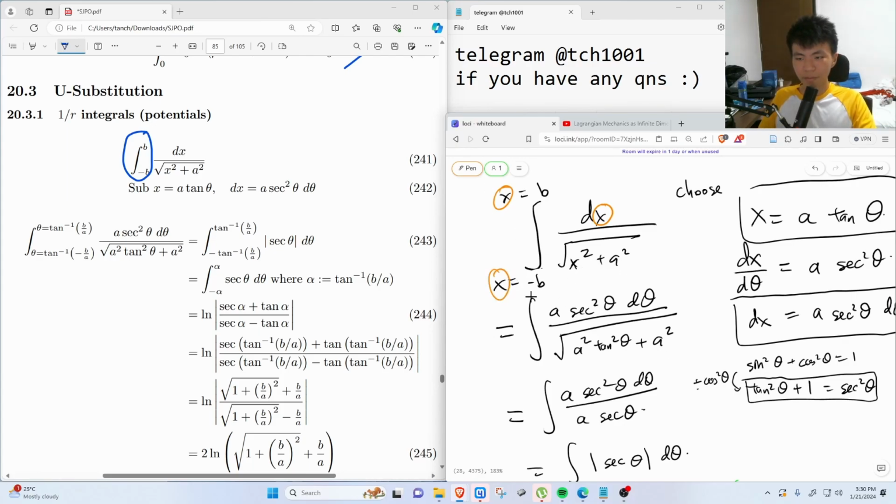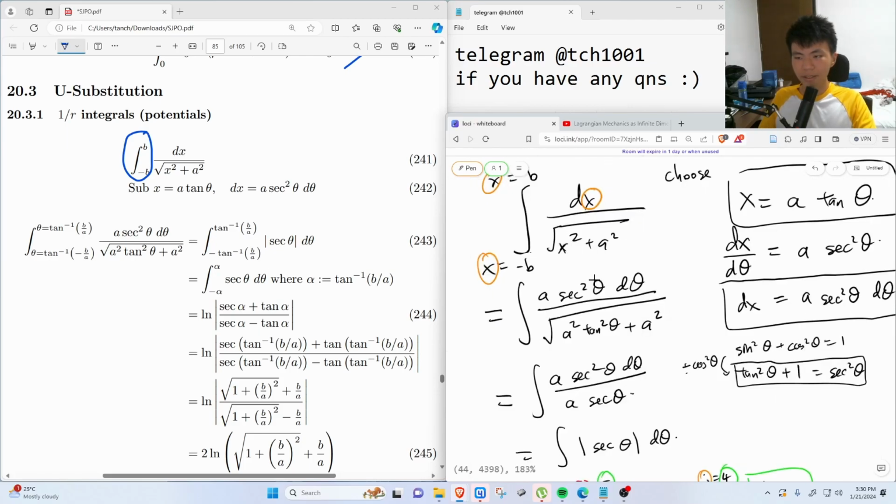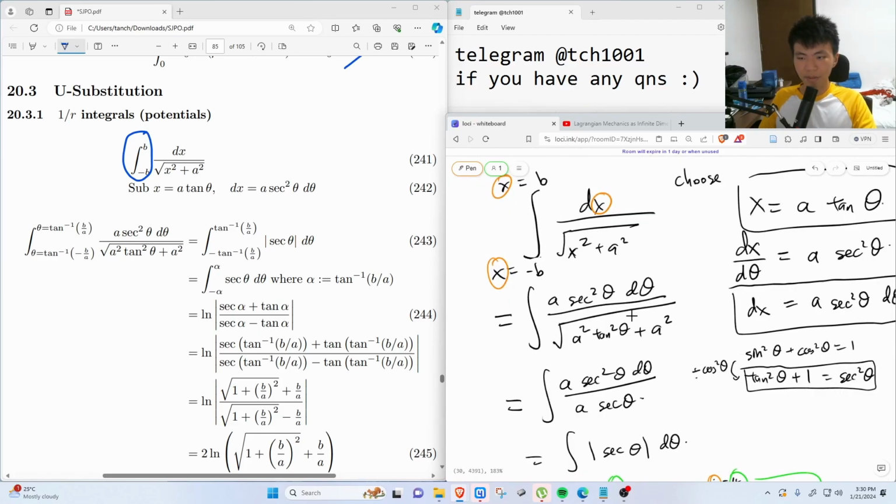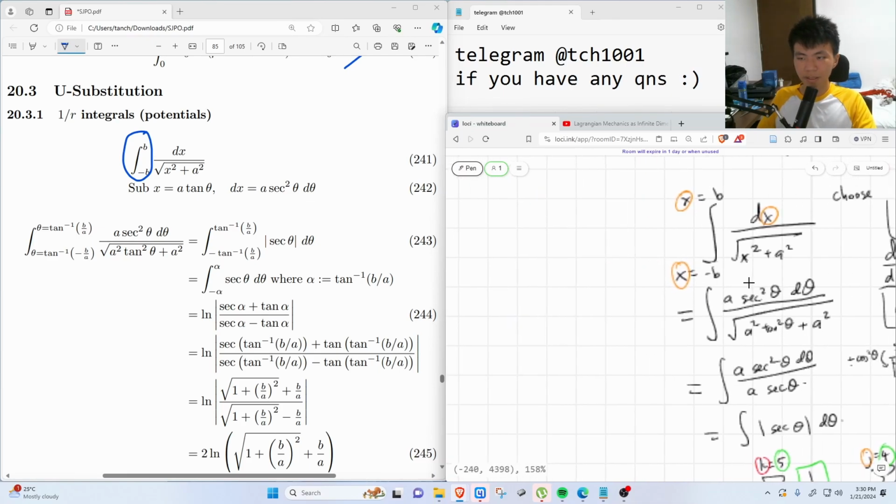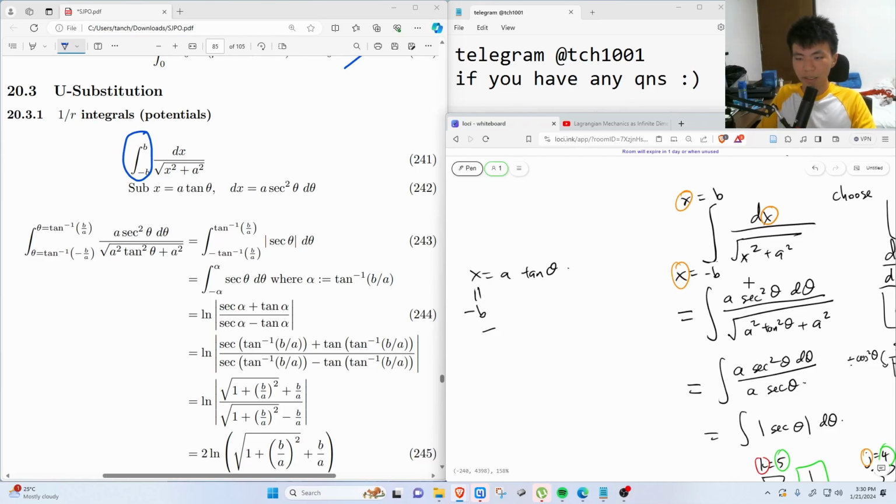So when I'm performing this integral, and when I change the variables of integration, I must also change the limits of integration. So how I can perform the change in limits is I can consider two endpoints. If x equals to a tangent theta, then at x equals to minus b, that would imply that tangent of theta is equals to minus b over a, or rather theta is equals to tangent inverse of minus b over a.